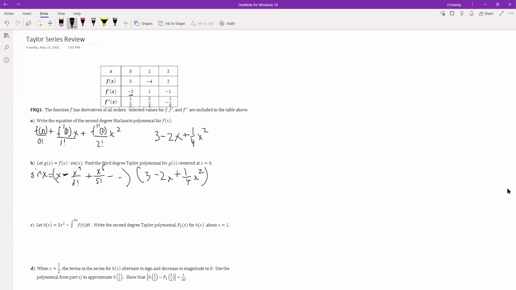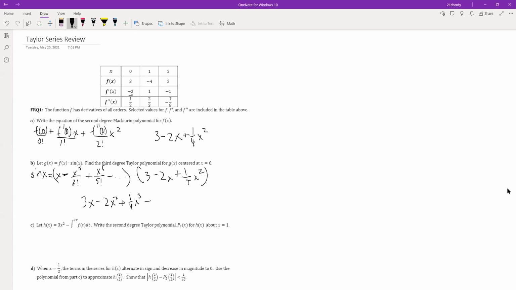So when we're distributing, or multiplying these polynomials, if the degree of x is higher than 3, then we can just ignore it. So first off, 3 times x is 3x. And we'll do x times -2x is -2x squared, plus 1/4 x cubed.